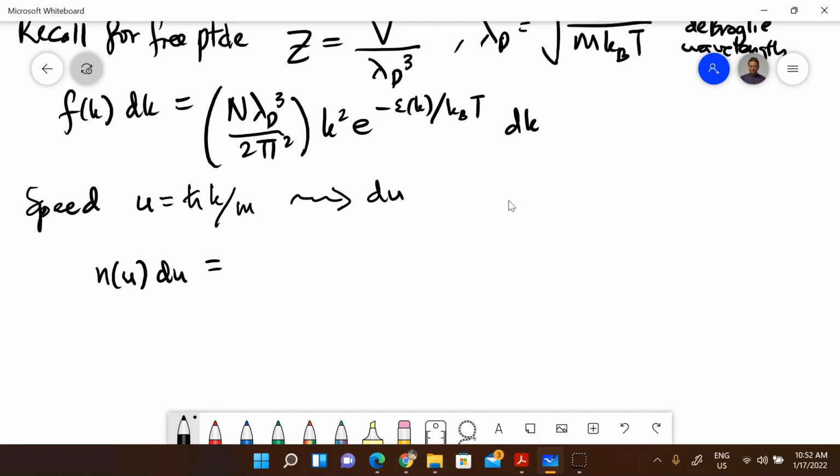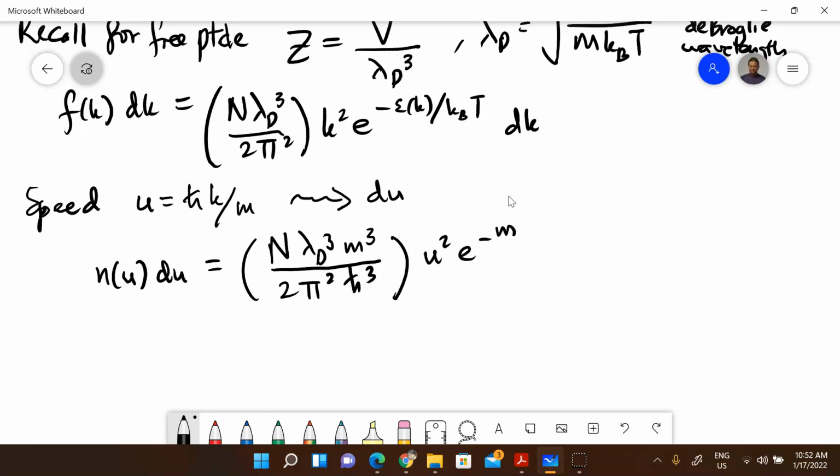So N(u) du now is given by N lambda_d cubed m cubed over 2 pi squared h bar cubed, and then you have the dependence over here, k squared becomes u squared, e to the minus, well, here I didn't write your epsilon_k, so this epsilon_k is just h bar squared k squared over 2m.